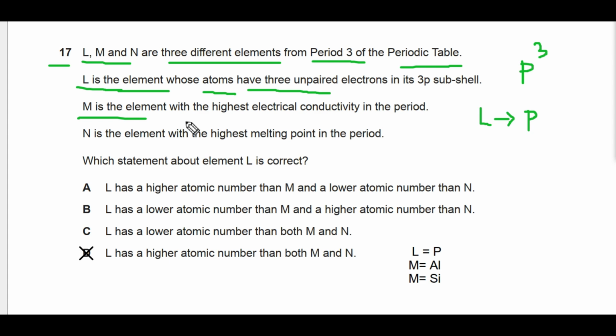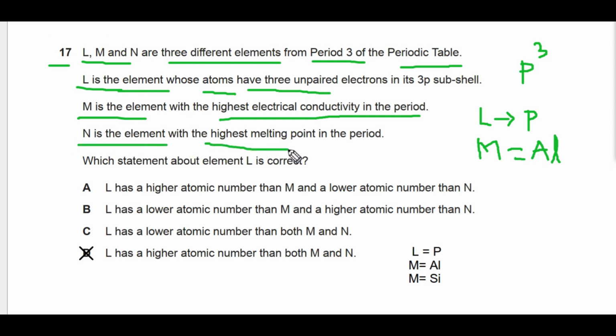M is the element with the highest electrical conductivity in this period, so M will be aluminium, because aluminium has more delocalized electrons, so electrical conductivity is the highest. And N is the element with the highest melting point in period 3, silicon, so N will be silicon.